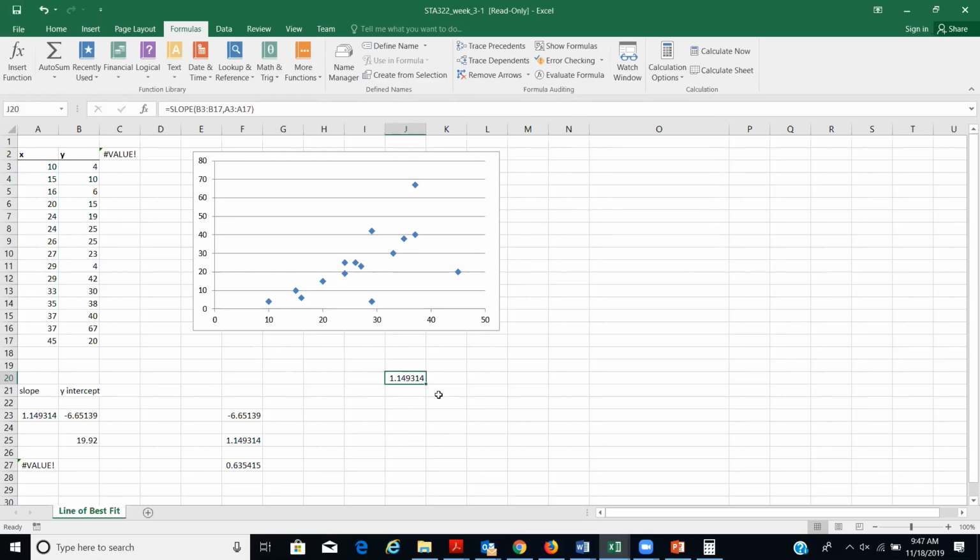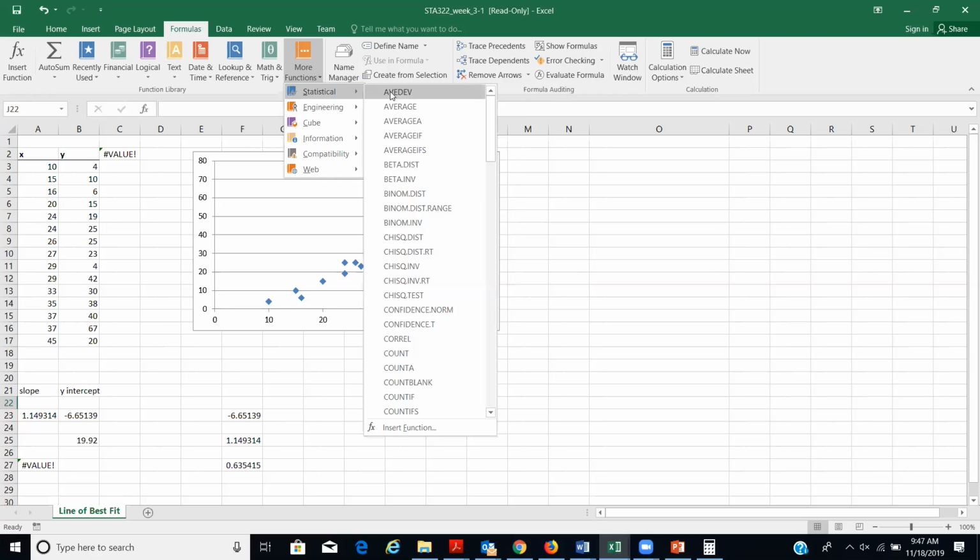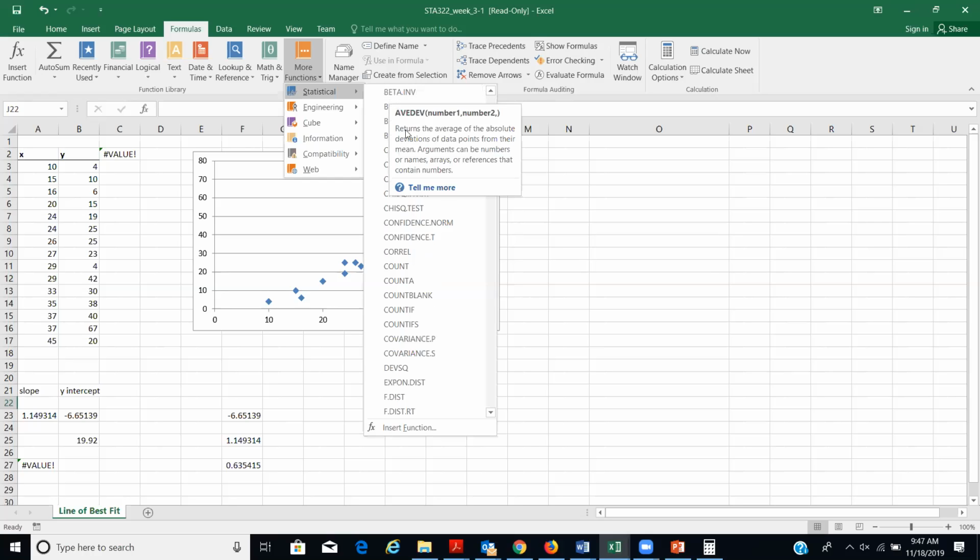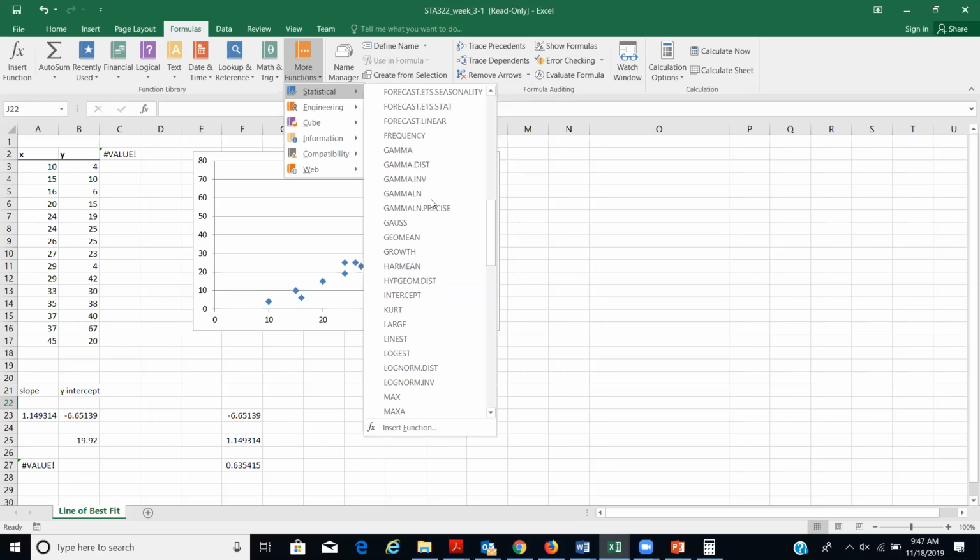Okay, so now we have m as 1.15. Now we want to know what the intercept is. Again, we go back to the functions. It's a little cumbersome to be going back and forth all the time on these things, but not much we can do about that. So we go down to intercept.